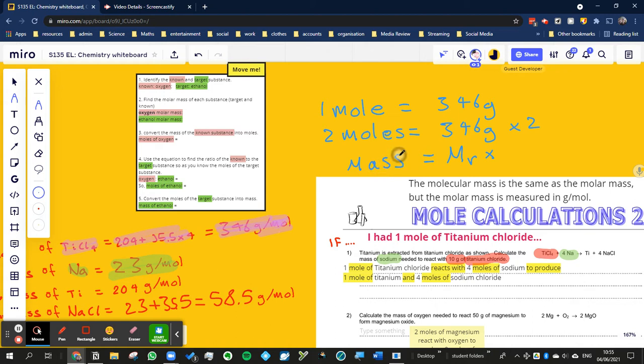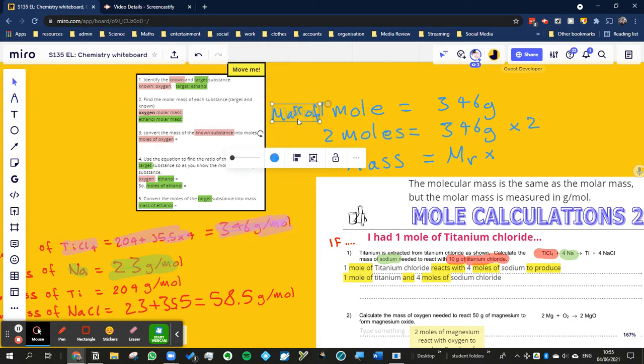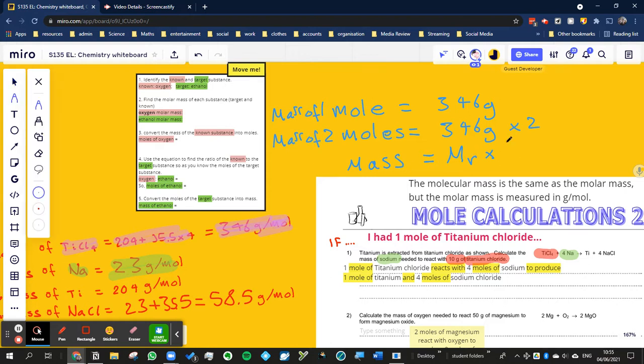So the mass of 1 mole, the mass of 2 moles. Okay, so therefore the mass is equal to the molecular mass multiplied by the number of moles. Okay, so now we've got the formula.